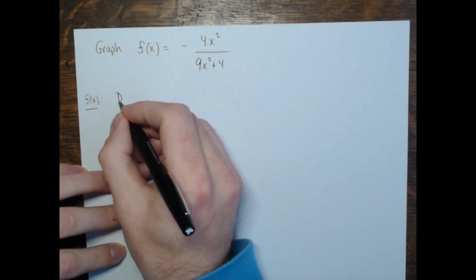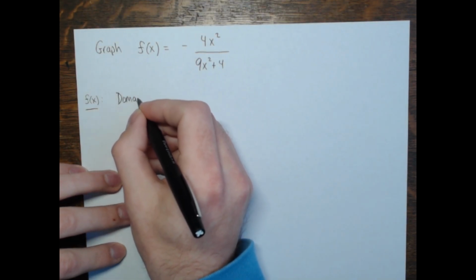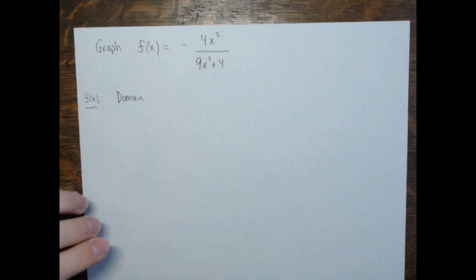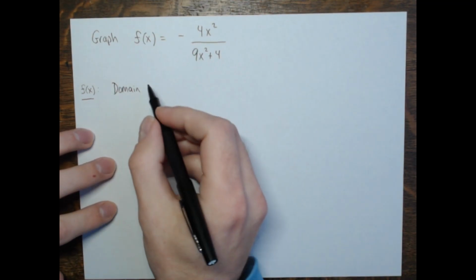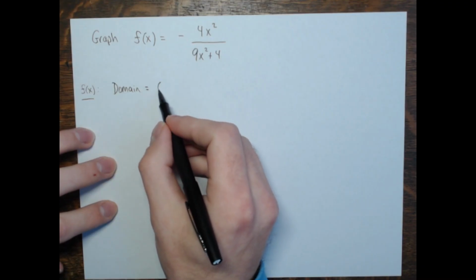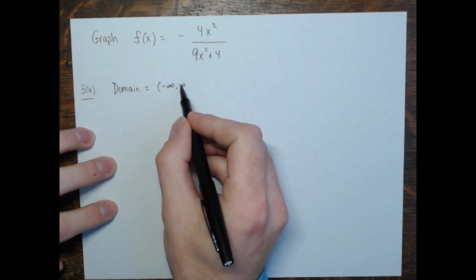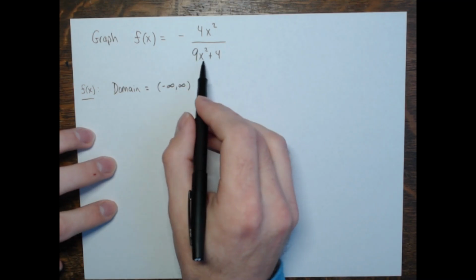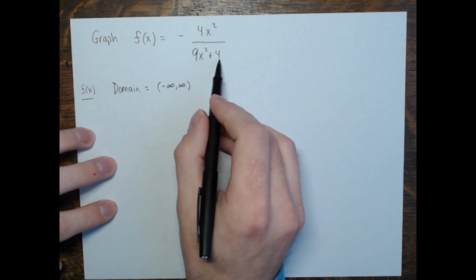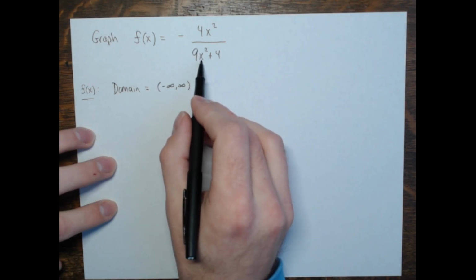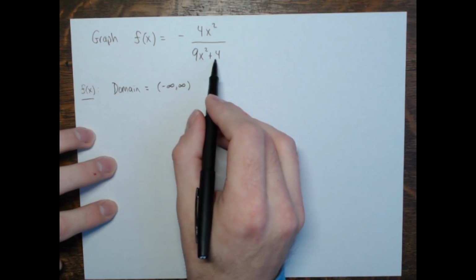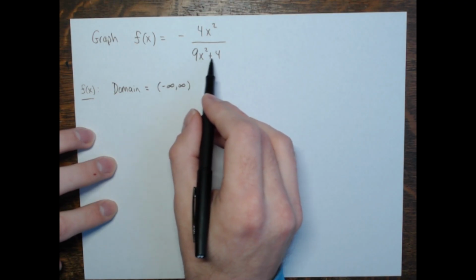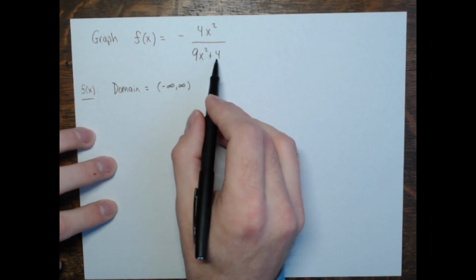Now of course for any function, before I go graphing, before I decide what I'm going to draw, I've got to know the domain. The domain here is all real numbers. Remember, you can't divide by 0, but this is 9x squared plus 4. So no matter what real number I plug in for x, this will never be 0. So I'll never divide by 0, so that's fine.